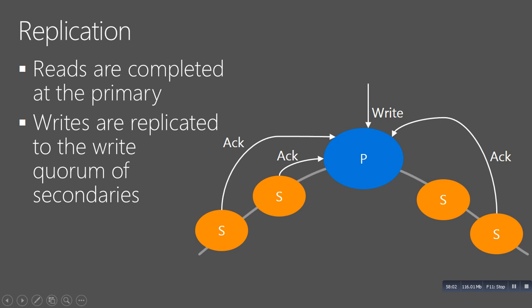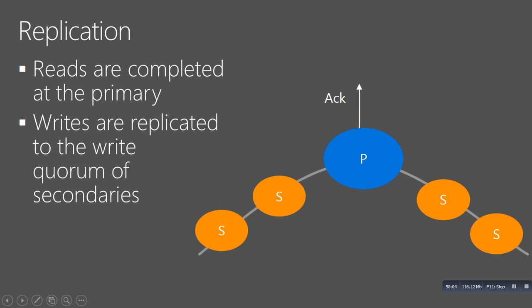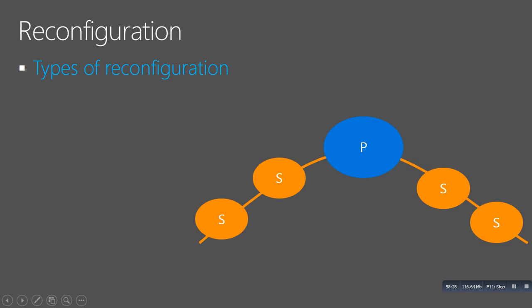So reconfiguration: the type of reconfiguration scenario in the case of primary failure, and how secondary services will be managed. Suppose the primary service has failed. In that scenario, any one of the secondaries will take the place of primary.